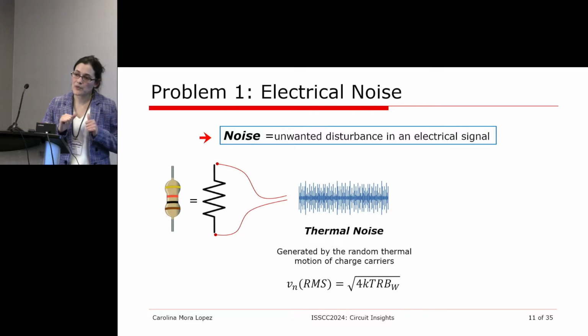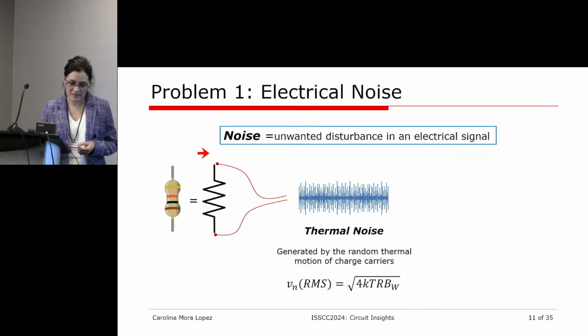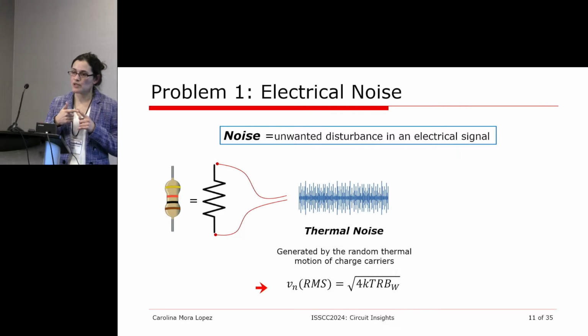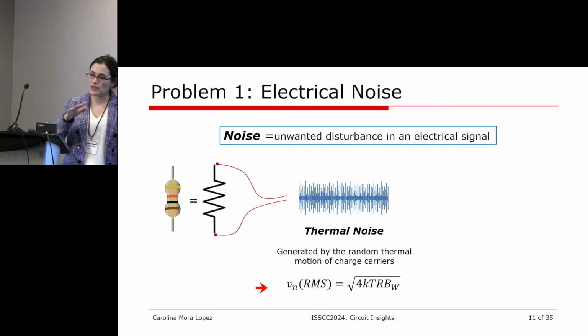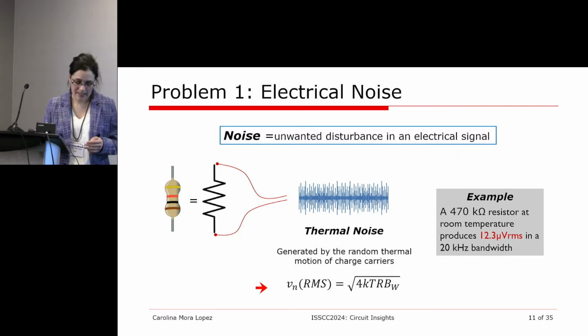But what we can predict is the average power of this noise. As given by this formula, this average power is proportional to the temperature, to the resistance, and to the bandwidth of integration. Here I have a little example.